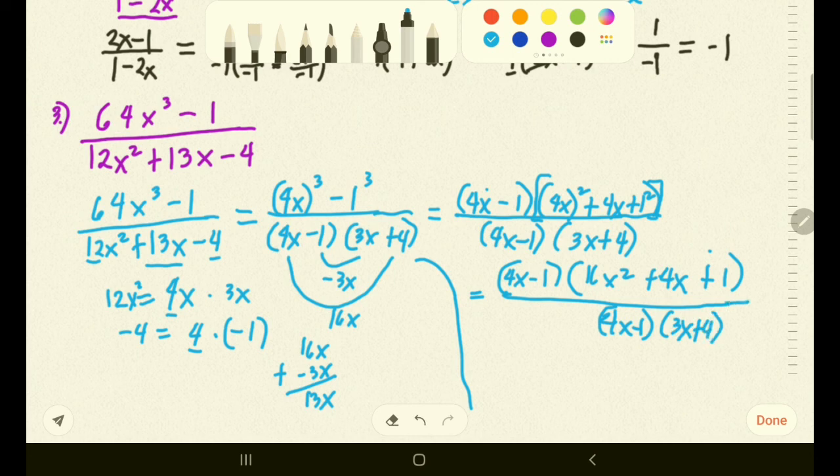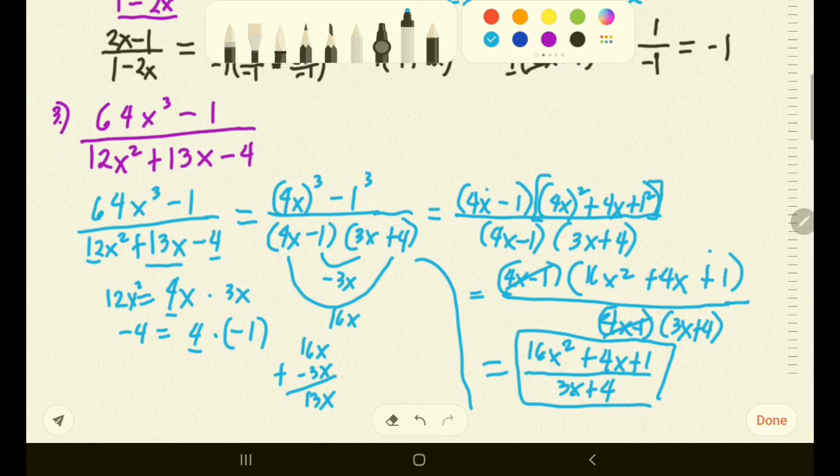As you observe, class, they have a common binomial factor, which is 4x minus 1. So you cancel that out. Meaning 16x squared plus 4x plus 1 over 3x plus 4 is the simplified form of 64x cubed minus 1 all over 12x squared plus 13x minus 4.